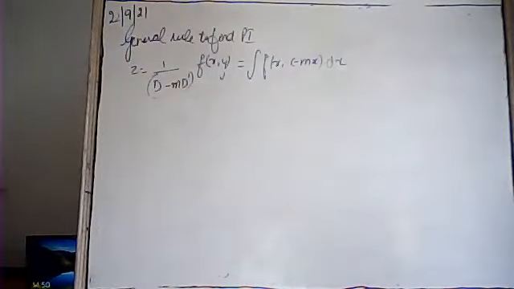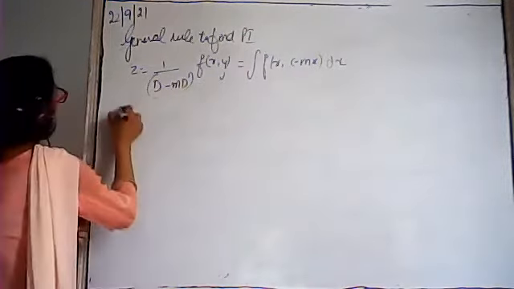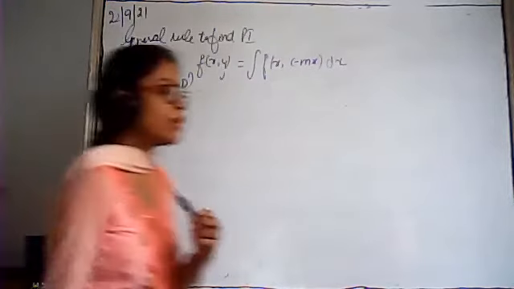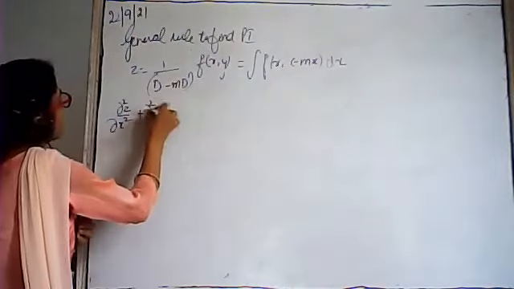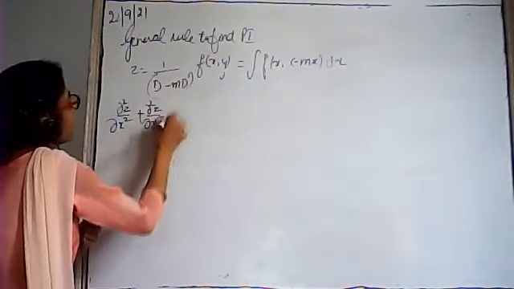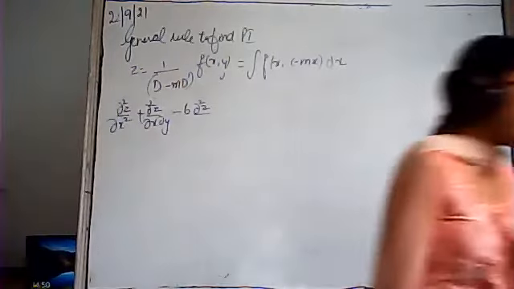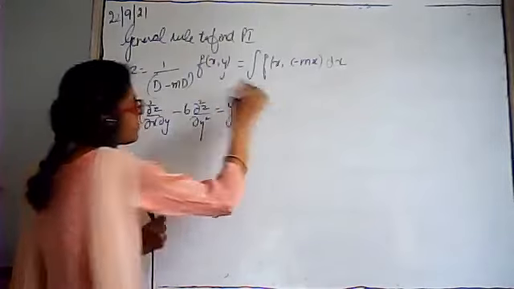Write down one question. How we will apply? Just see the example. Solve ∂²z/∂x² plus ∂²z/∂x∂y minus 6 times ∂²z/∂y² is equals to y cos x.